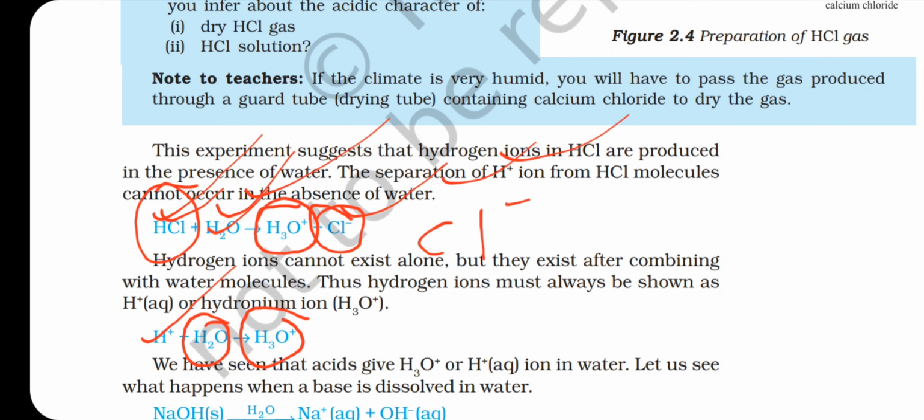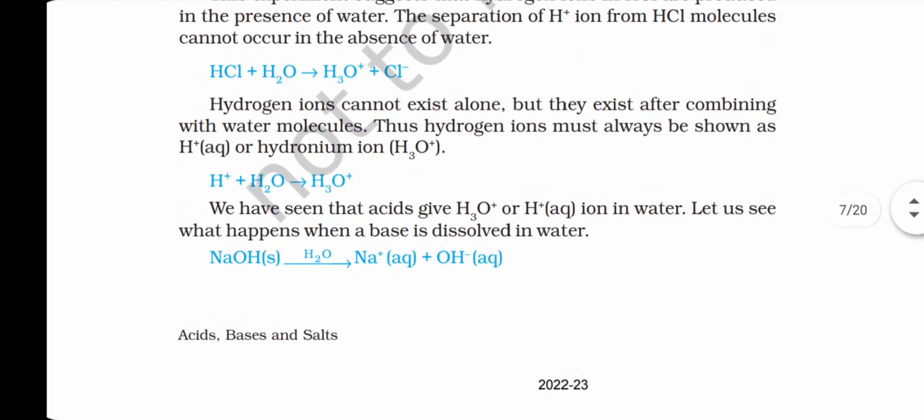We can conclude that when an acid reacts with water, ions are formed, that is positive and negative ions. Here the positive ion, the cation, is H3O+, and the negative ion, the anion, is Cl-. So let's see what happens when a base reacts with water.